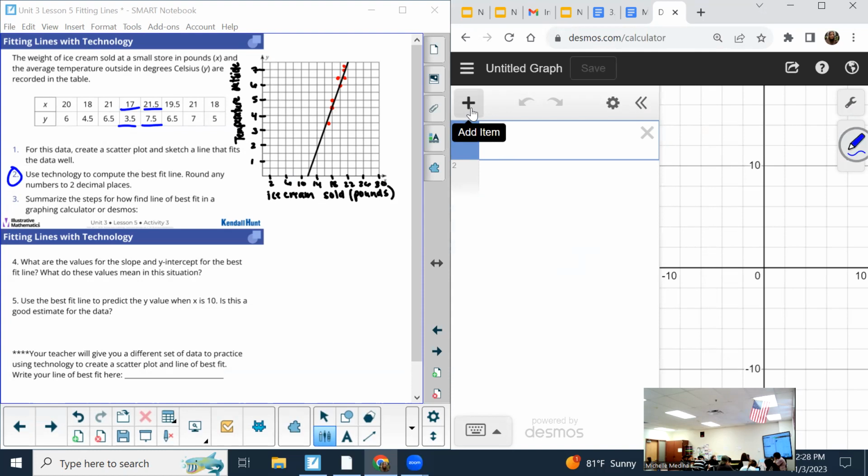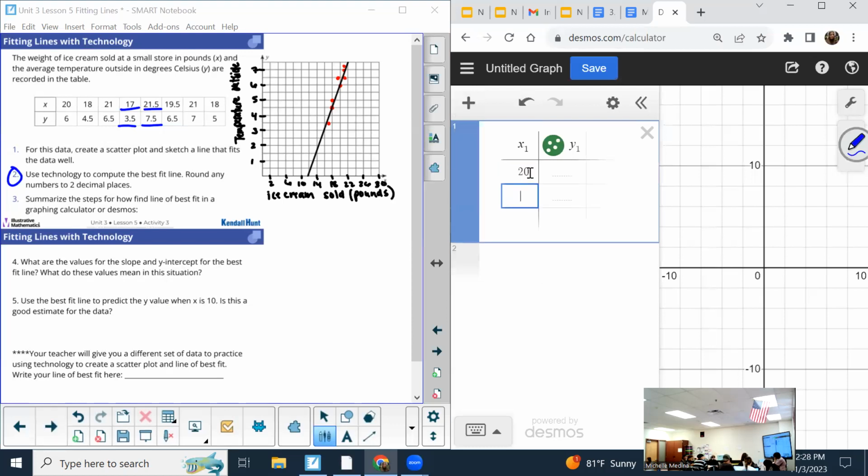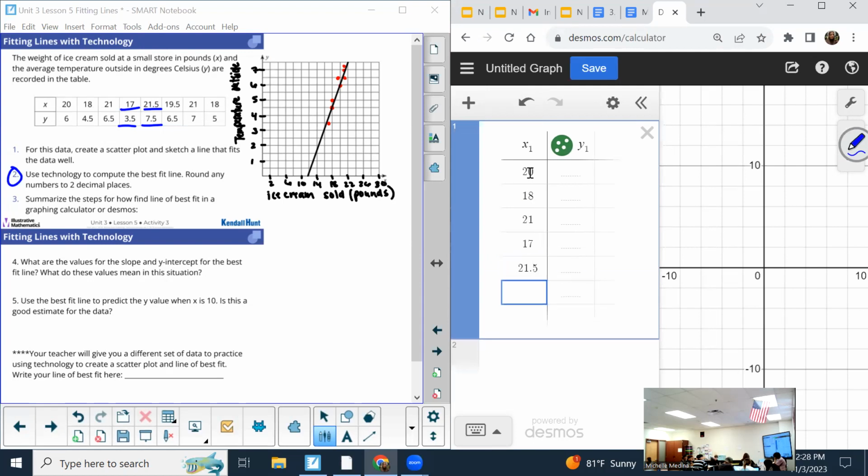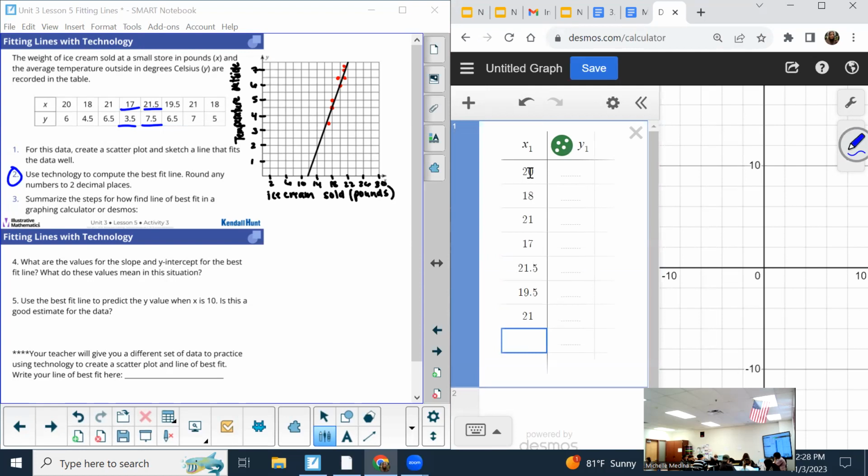Everyone see that? You click it and then hit table. And then your table of values, you're going to enter into Desmos. And with a normal graphing calculator, this process is similar. You need to find where you can enter a table of values and then do that. So you should be doing that too, or writing the steps, either one.